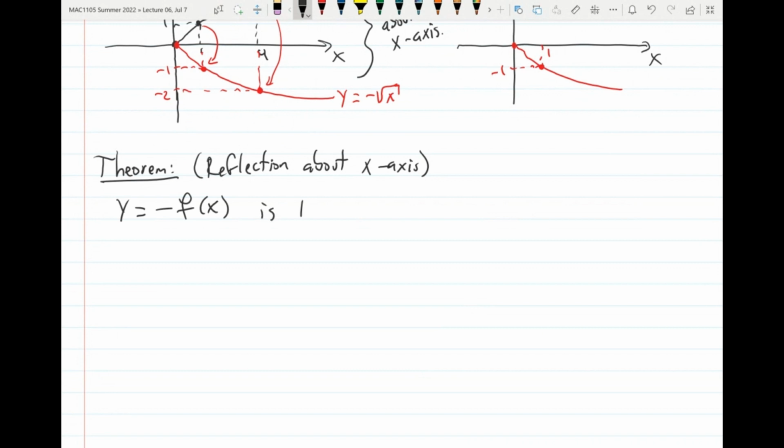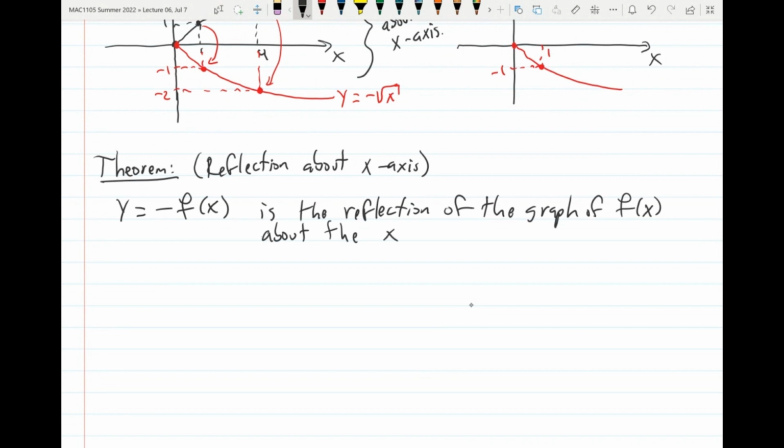So this is a reflection of the graph of f of x about the x-axis. Do you understand this? So you flip the graph, okay?